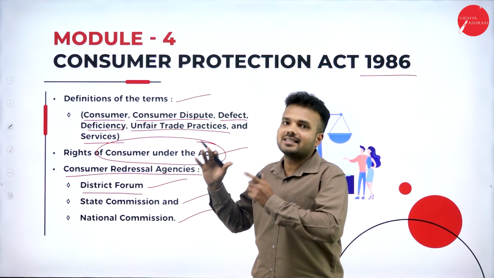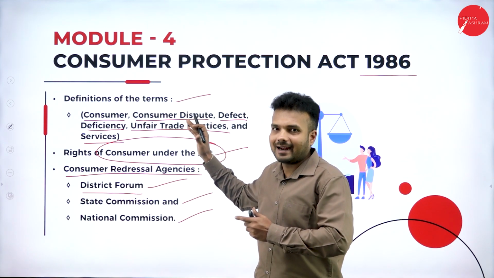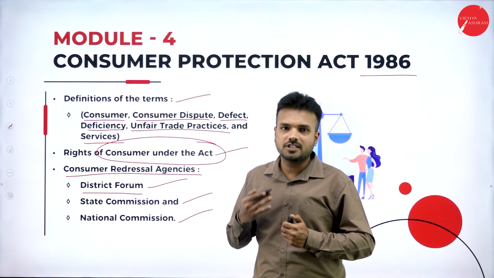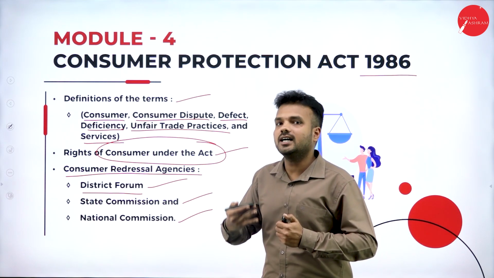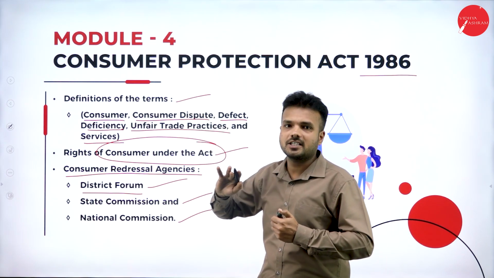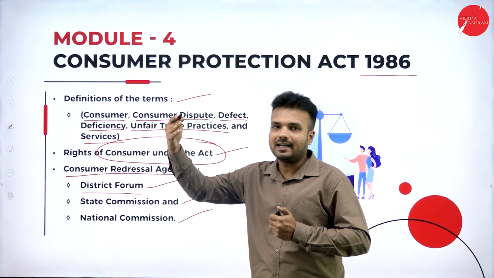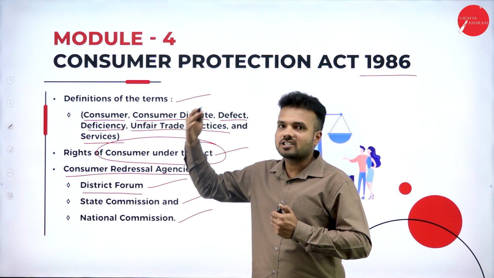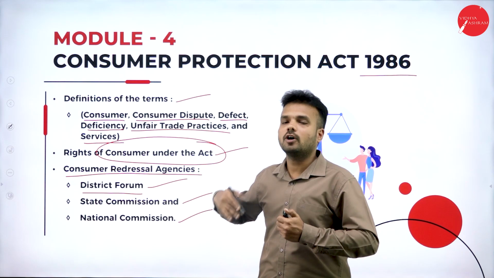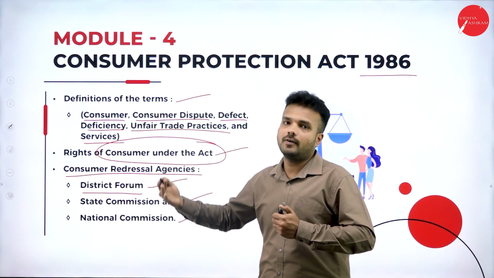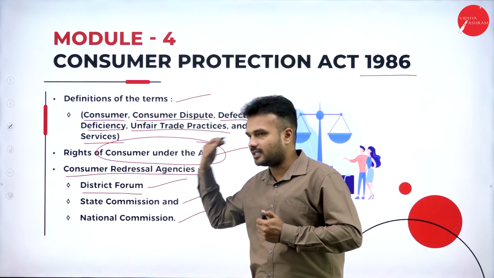A consumer is considered as an end user of a product or commodity. For example, a customer who purchased goods for his personal consumption becomes a consumer under the Act, where he has a complete right to file a case against a seller or a company. But a customer who purchases a commodity for commercial purpose, commercial use or resale of a commodity does not have any right to file a case against a company or a seller.